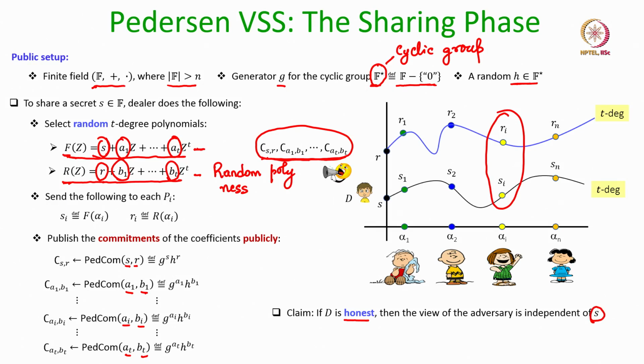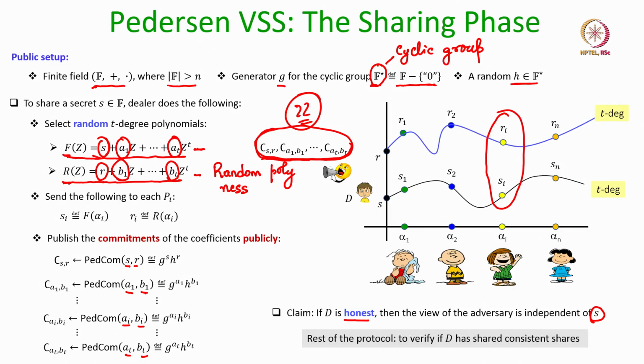From the privacy property of Shamir secret sharing, the t shares reveal nothing about the dealer's secret, but here the commitments of the coefficients of the f polynomial are also public, but those coefficients are committed using the coefficients of another random t degree polynomial, and the hiding property of the Pedersen's commitment scheme guarantees that these commitments do not reveal anything to the corrupt parties about the secret S. Now, the rest of the protocol will be to verify if the dealer has distributed consistent shares, namely whether it has used t degree polynomial f and t degree polynomial r and distributed the points on those polynomials to all the honest parties.